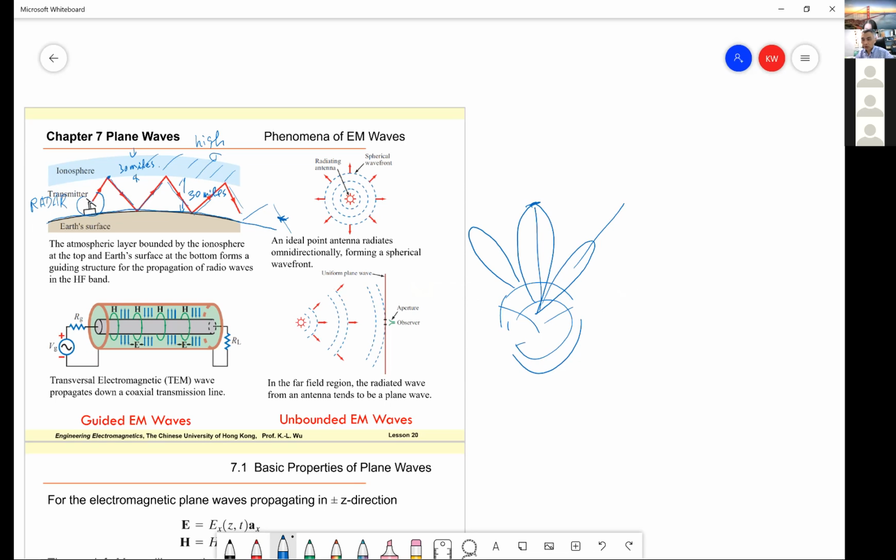And also we have another application. We send electromagnetic wave through a cable, RF cable, radio frequency cable. Okay, if you still remember problem 3 in our midterm, we have one question. We give you electrical field, give you magnetic field, down this coaxial cable and let you find the average power, right?